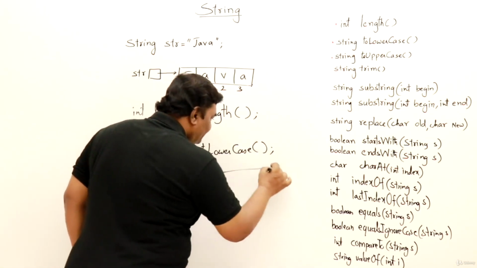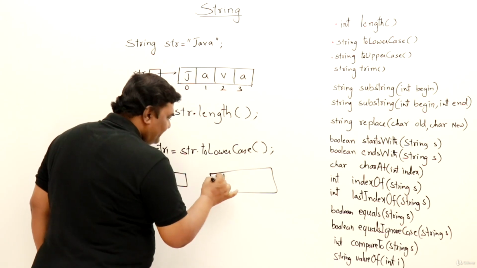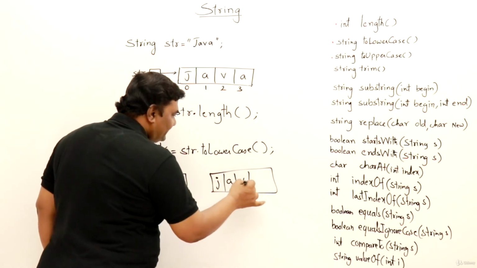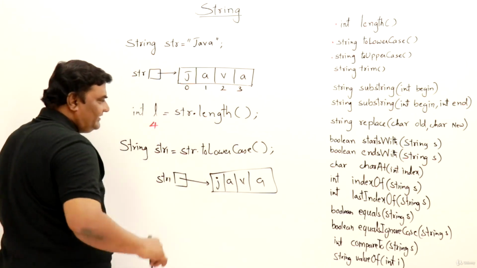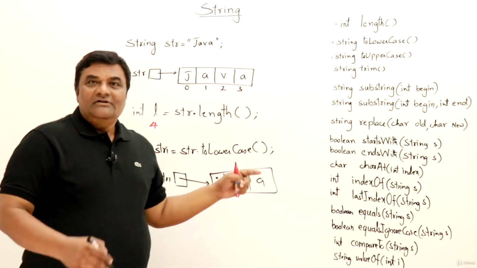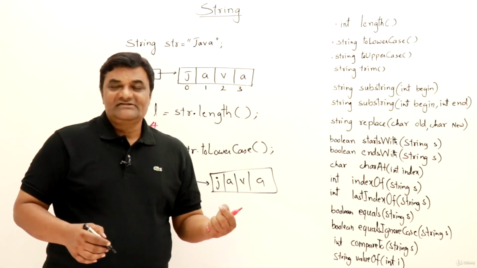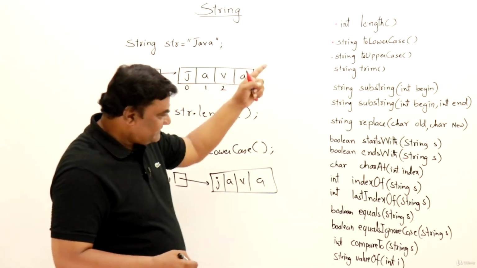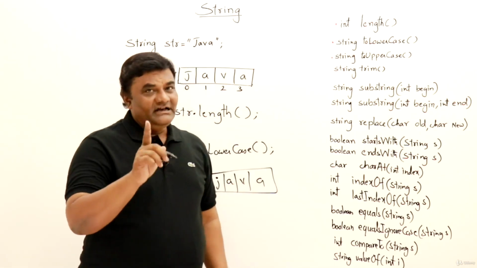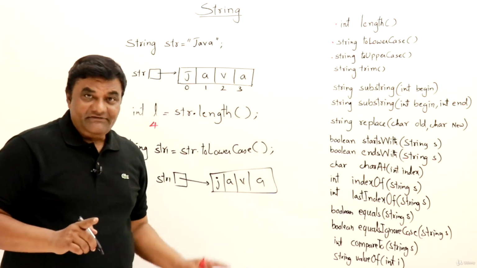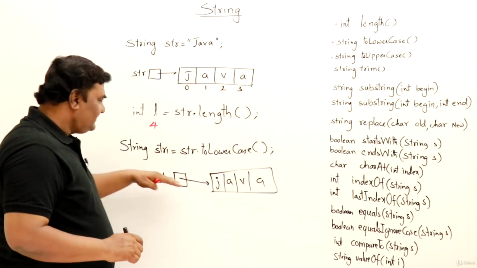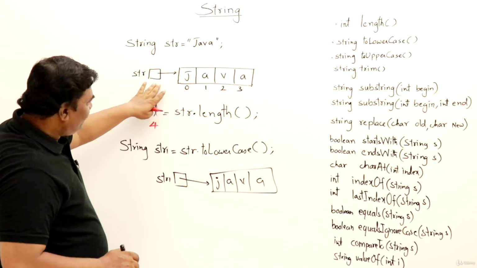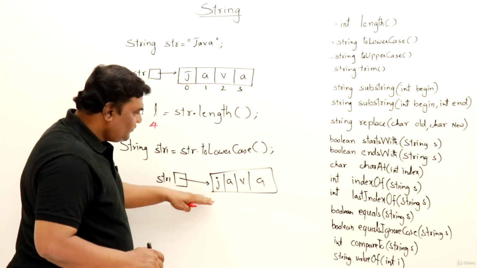So a new object will be created, java, and that str1 can be pointing there. So when any changes are there, if any method is making changes, it will not modify the same thing. It will give you a new string. So we got a new string. Now the old one is existing already, and then it has created a new one.